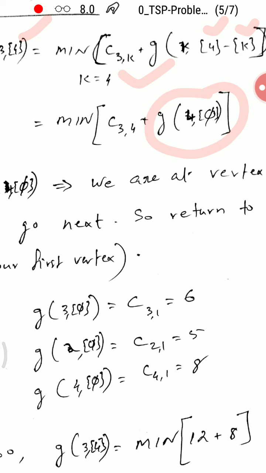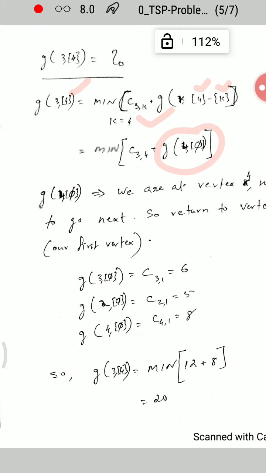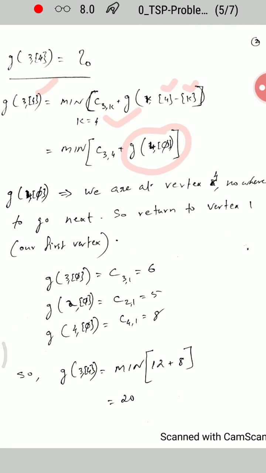So g(4, null set) is nothing but the cost of the edge 4 to 1. What is the cost of the edge 4 to 1?